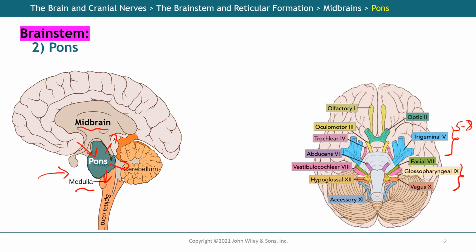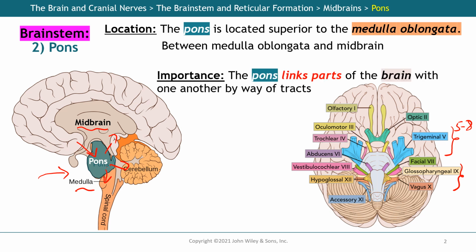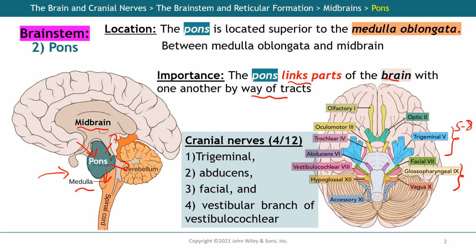So to recap, you already know the location of the pons, and I already told you that this structure is important because it's linking different parts of the brain by using tracts. In addition, 4 out of the 12 cranial nerves will originate from the pons.